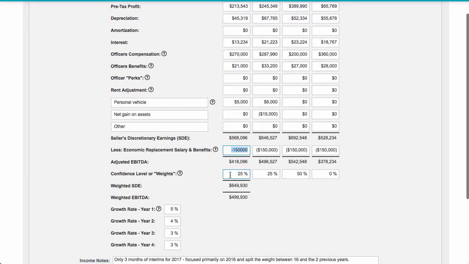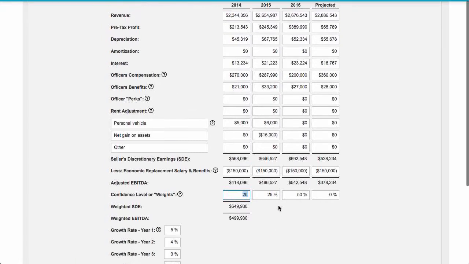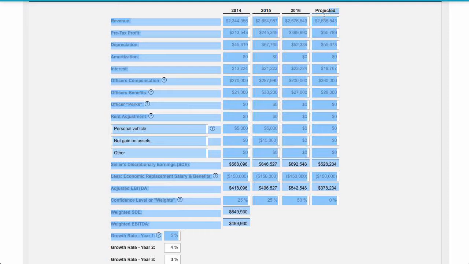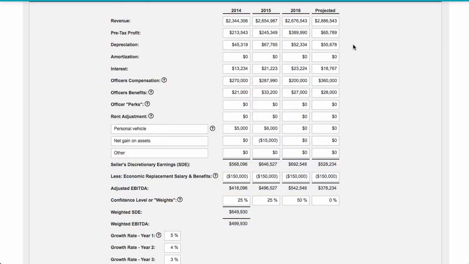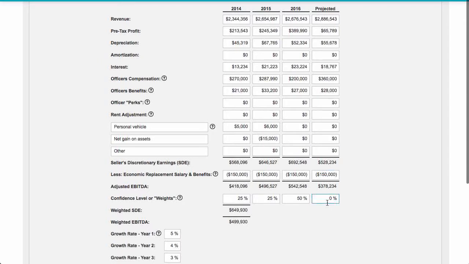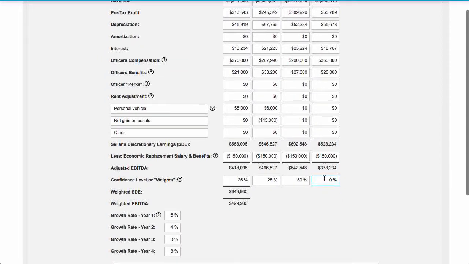So I've added 25% in years 2014 and 2015, and then I've given most weight to 2016. If I recall, this projected year was an annualized year based on only 3 or 4 months of information. So I decided that I would not weight that 4th column or 4th year.